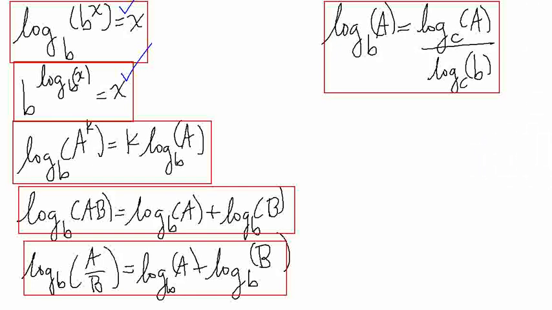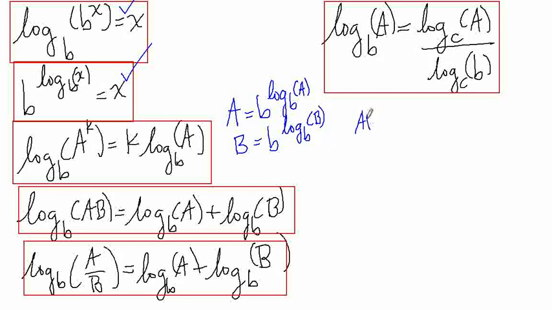Using the second formula, we know that A is equal to b^(log_b A), and B is equal to b^(log_b B). So AB is equal to b^(log_b A) multiplied by b^(log_b B).